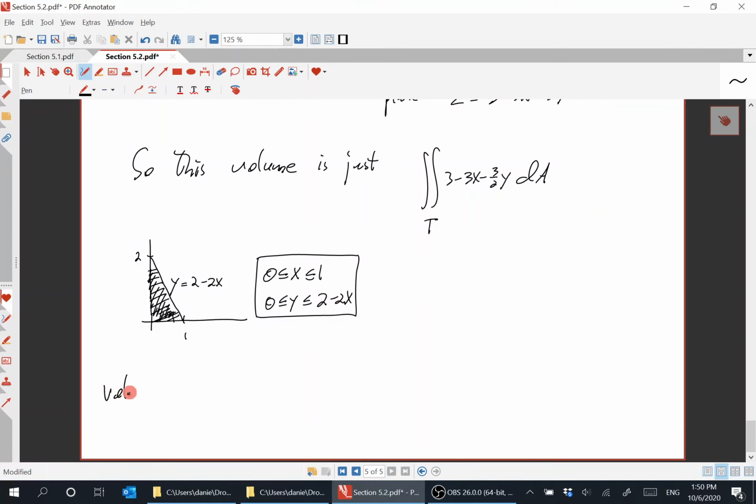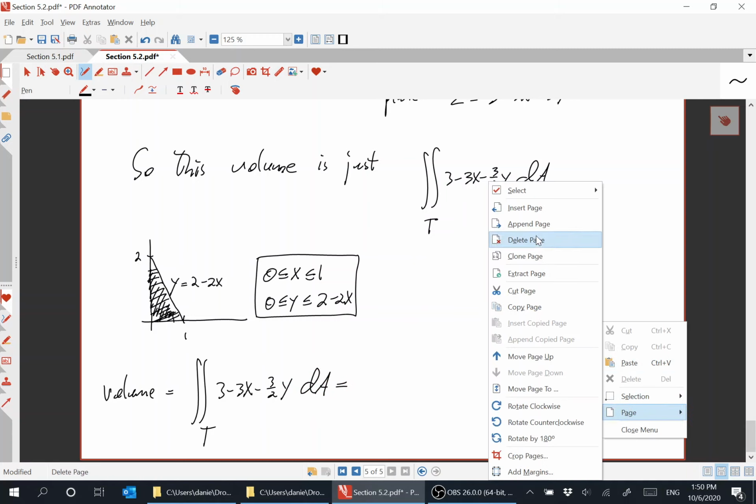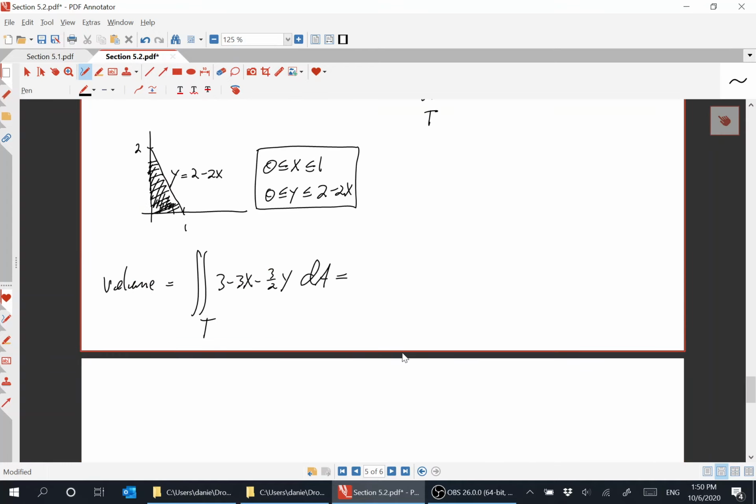So the volume of that tetrahedron is the double integral over the triangle T of 3 minus 3x minus 3 halves y dA, which is equal to the iterated integral from 0 to 1 of the integral from 0 to 2 minus 2x of 3 minus 3x minus 3 halves y.